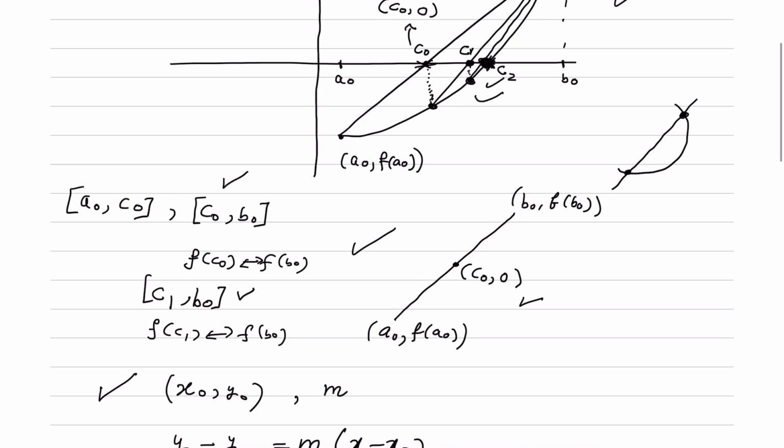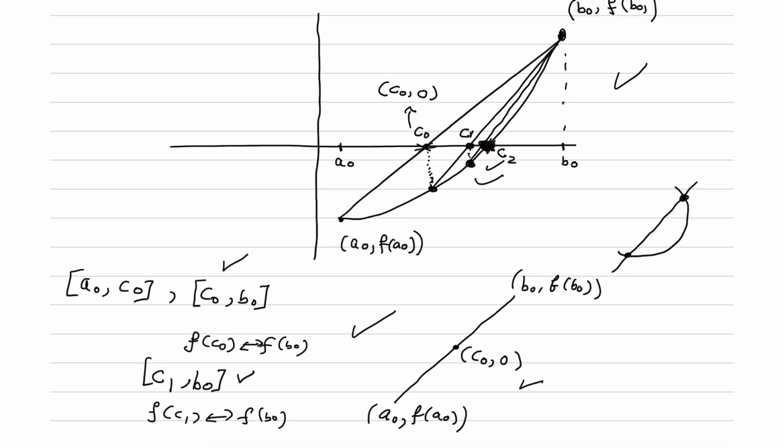Let's look at the picture again. So c0 was in between a naught b naught. The next interval in which the root lies was c0 b naught. So instead of calling it c0 b naught, we will call it a1 b1.